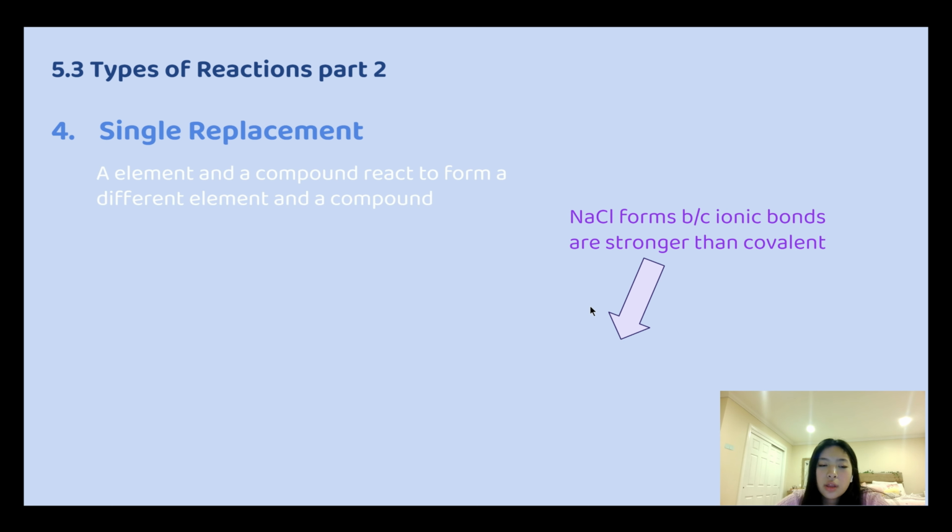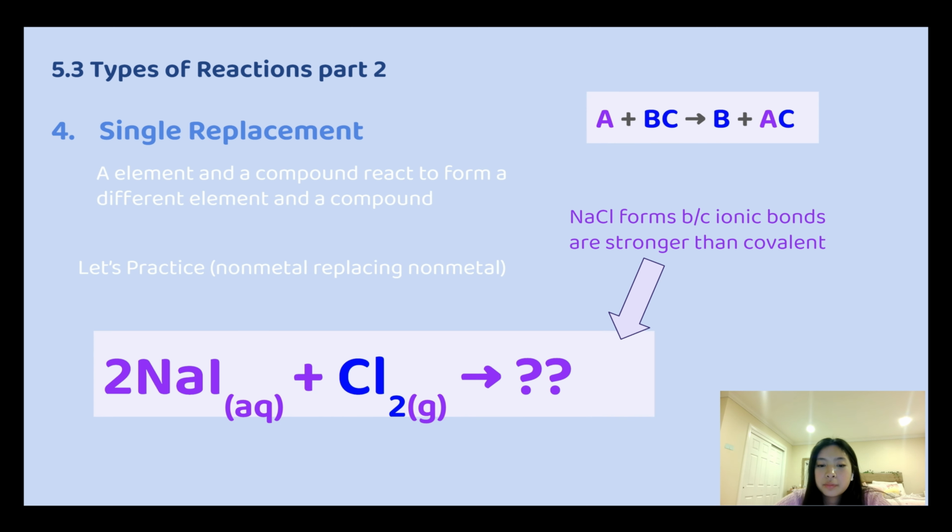Okay, so here's another example with a nonmetal replacing a nonmetal. We're going to have sodium iodide plus chlorine. Chlorine is a gas, it's a nonmetal, which suggests that the iodine is going to get displaced.